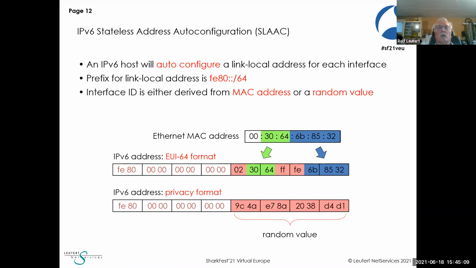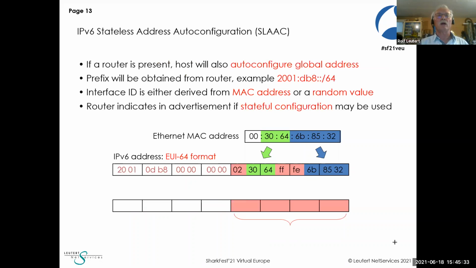So let's go back one. Every adapter has an FE80 address, but with this address, you cannot communicate outside your local subnet. So it's not really very helpful. So you also need a public address. And there are different ways now of getting a public prefix. The most frequent way, which we are going to see, is getting this prefix from the router.